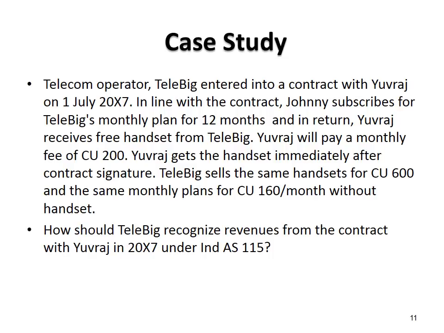Next, allocate the transaction price among performance obligations. Now, we need to compare these with respect to the other monthly plans. The fair value of the handset is 600 and the monthly plans are 160 into 12, and these two fair values are the determining factors for allocation of the 2400 transaction price to the handset and to the monthly plan.